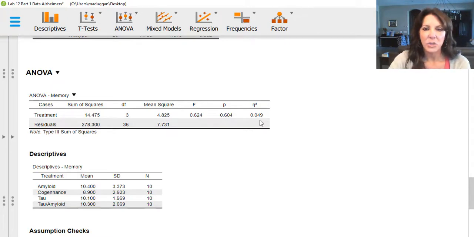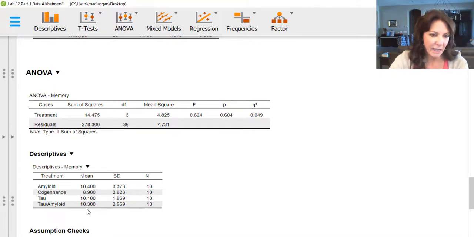And our eta squared is 0.049, so you can look at the chart for how to interpret eta squared and think about that. So basically, we have a p-value of 0.604, so you're going to evaluate that depending on whether it's less than 0.05, where we would reject the null hypothesis, or greater than 0.05, where we would fail to reject the null hypothesis.